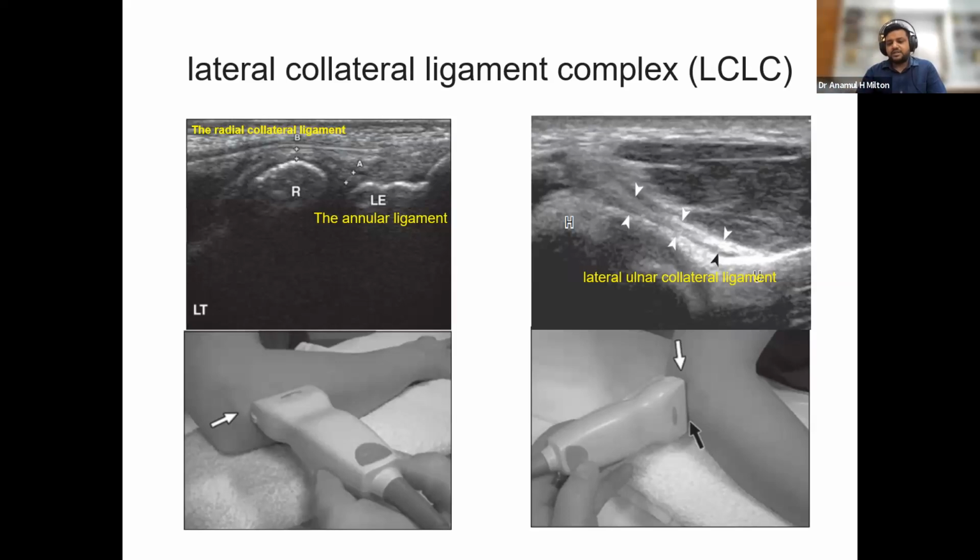There you can see the lateral ulnar collateral ligament. This complex, especially the radial collateral ligament and the lateral ulnar collateral ligament, is most affected by any injury or stressing position.